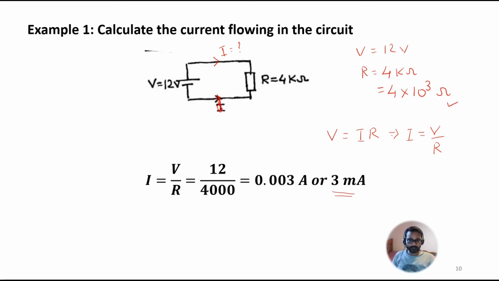So it's always convenient to write it in the appropriate or the smallest unit possible, right? I would say it's a little bit unprofessional to mention that the value of current flowing is 0.003 amperes. Just stating that it is 3 milliamperes is more professional in a way, right?